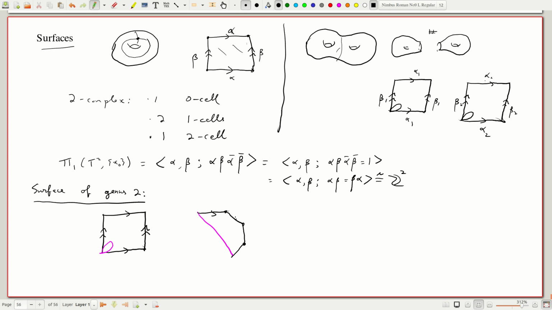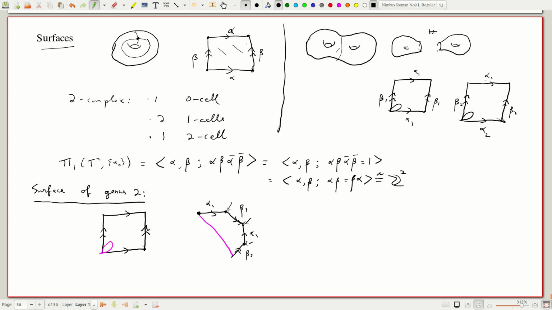Single line, double line, single line, double line, and for clarity, let's use the terms alpha 1, beta 1, alpha 1, beta 1 in this direction. Why is this? Well, by transitivity, this vertex is the initial point of alpha 1. So it is identified with the initial point of alpha 1 here, which is the terminal point of beta 1, which is identified with the terminal point of beta 1, which is the terminal point of alpha 1, and hence identified with this.